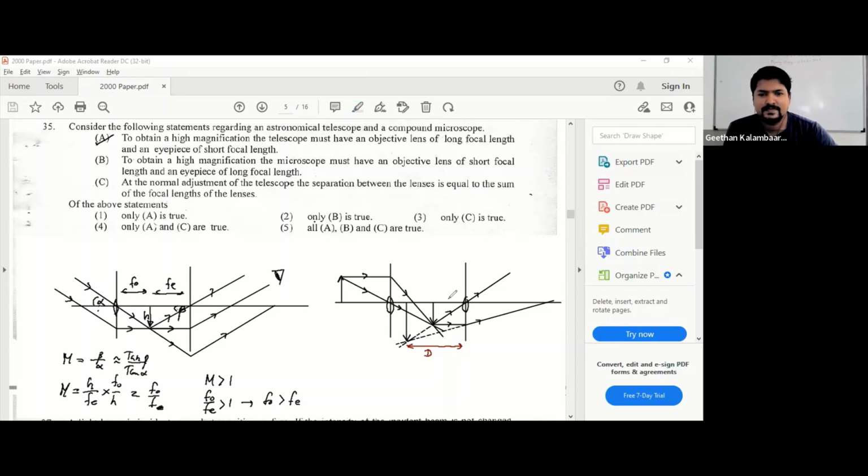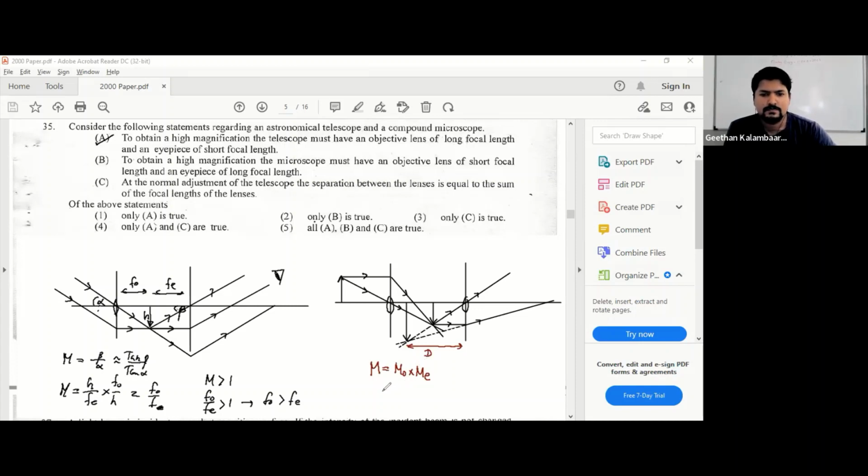So for this, the equation that you should get is M is equal to MO into ME. These are linear magnifications.